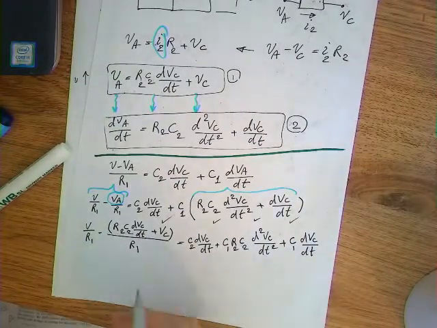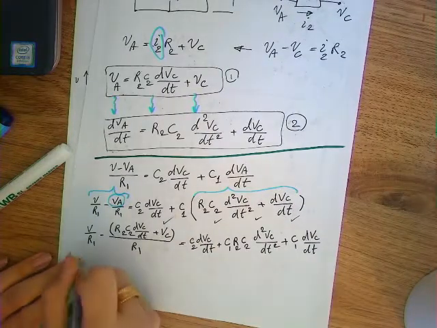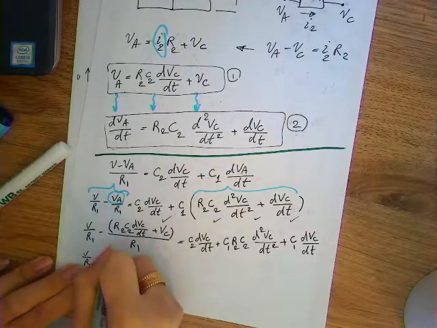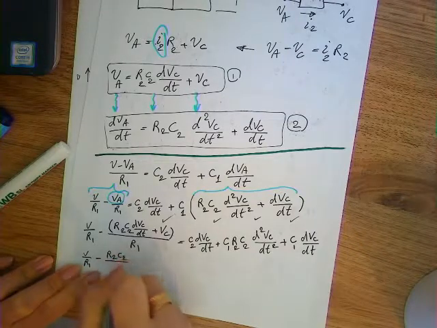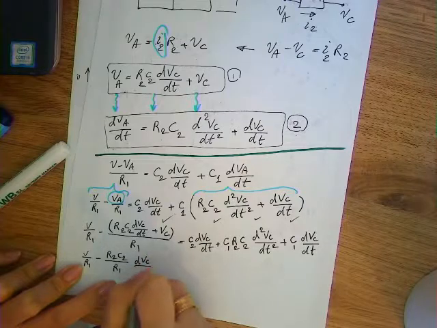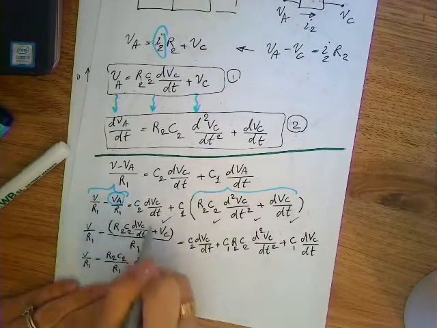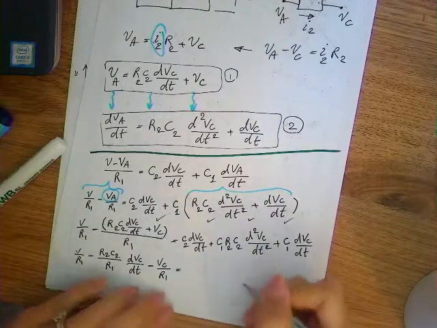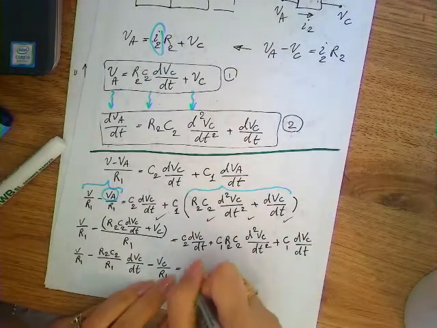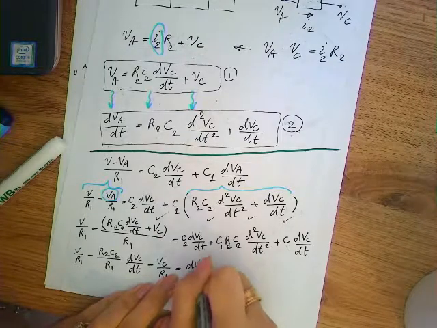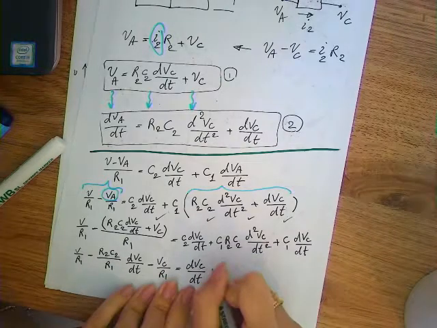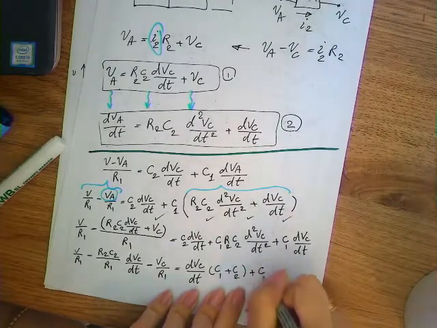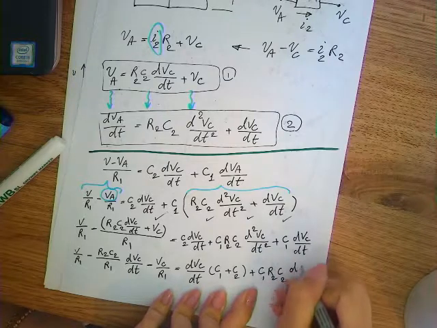So if I just multiply and divide everything and break down everything a little bit better, and this minus will go inside, and if I keep dVc and factorize it, it will be dVc dt in C1 plus C2 plus C1 R2 C2 second derivative.